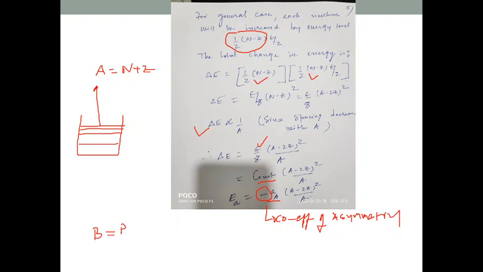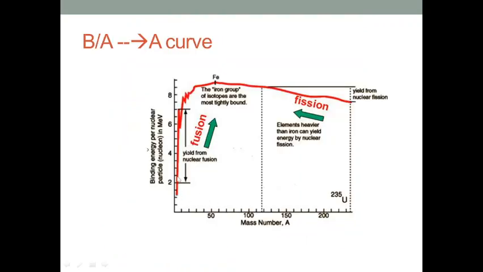One is the volume term, which I call B subscript V. The second is the surface term, which I call B subscript S. Then the third term is the Coulomb term, and now the fourth term I have introduced is the asymmetry term. So there are 4 terms, 1, 2, 3 and 4, and now we will see whether we are able to reproduce this graph again.